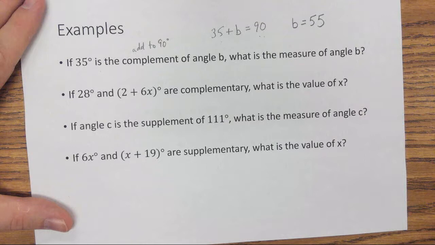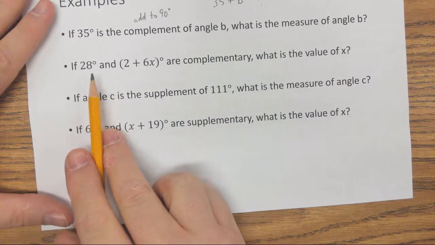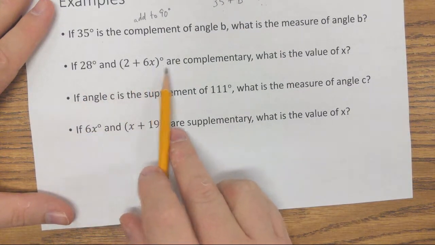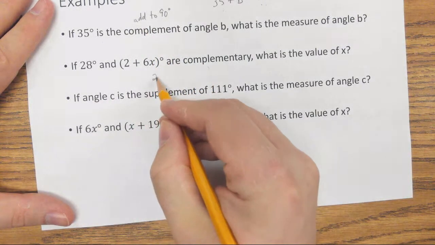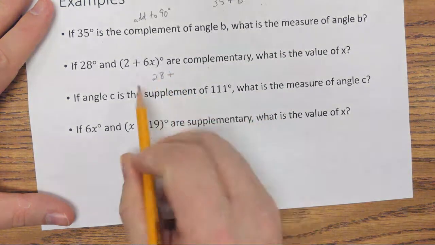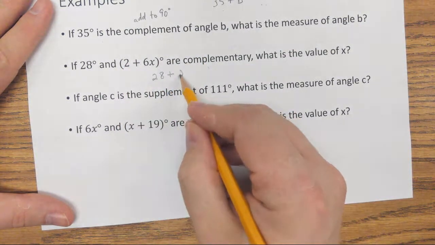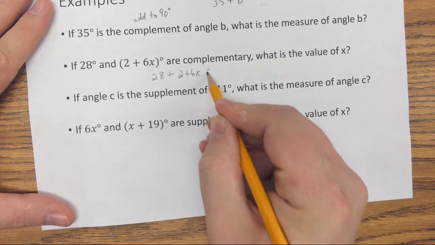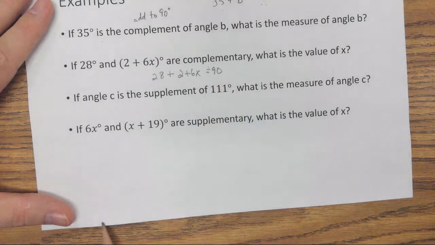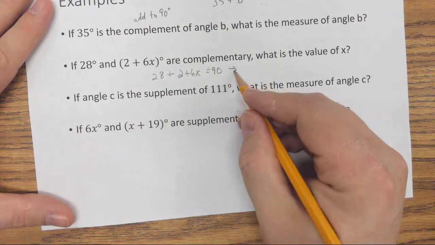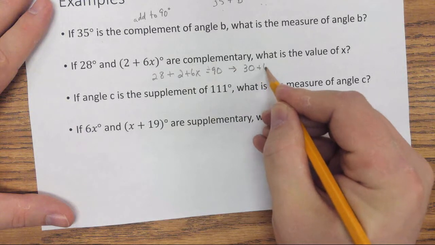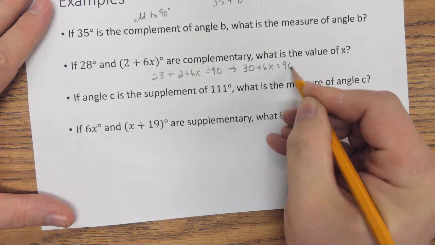Okay. Here's another one. 28 and 2 plus 6x are complementary. Remember, complementary means add to 90. So 28 plus this other angle, 2 plus 6x, is equal to 90. Add these two together, 28 and 2, that's 30 plus 6x equals 90.